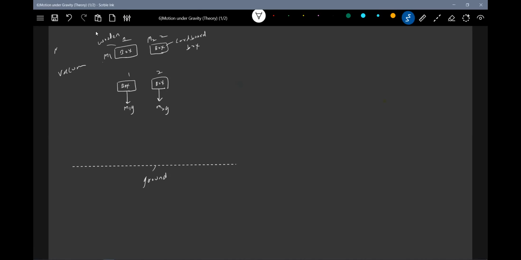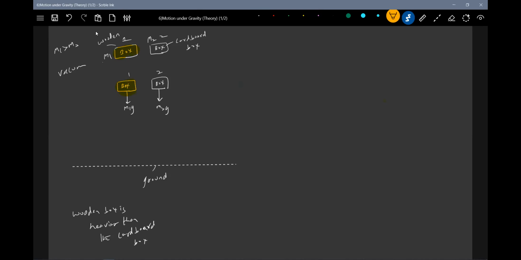So I'll definitely say that m1 is greater than m2. The wooden box is heavier than the cardboard box. Both will accelerate, because a force is acting on both of them. Because of the force acting, both will accelerate down.